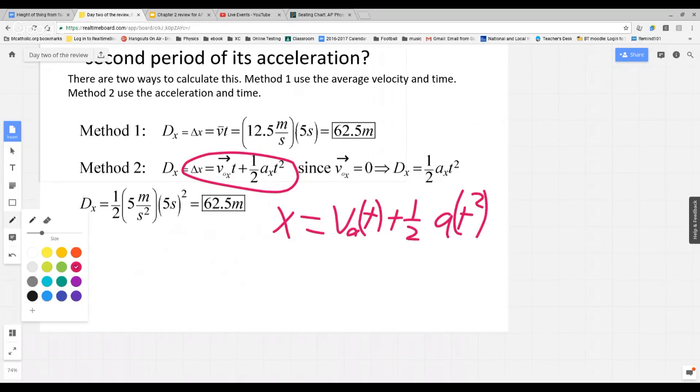Are you all confident with that equation? So for that one, you just plug in 5 is the acceleration. You got 5 seconds. 5 squared is 25 times 2.5 equals the answer. And it's the same as the other way. So this is using the acceleration, and the way we just did a minute ago is using no acceleration. You find the average.